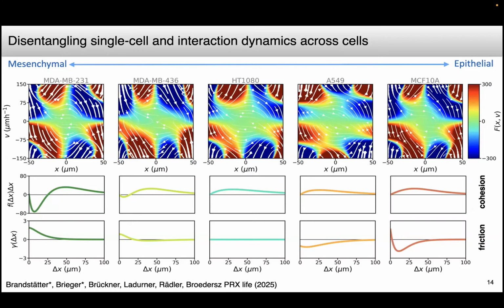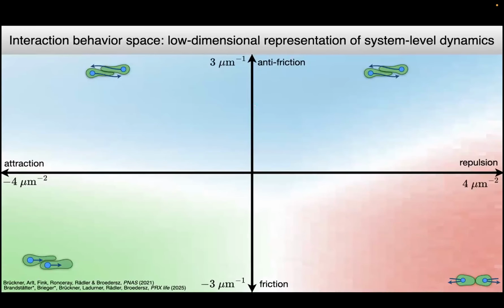We do this in a very simple way by taking the dominant contribution to the cohesive and the friction-like interactions and letting it span a two-dimensional plane. This plane we like to think of as our interaction behavior space, because depending on where you are in this space, you can pretty much predict what the dominant collision behavior is going to be.